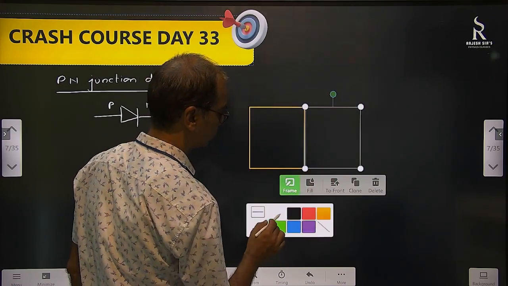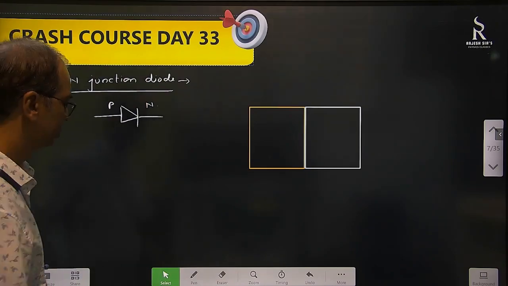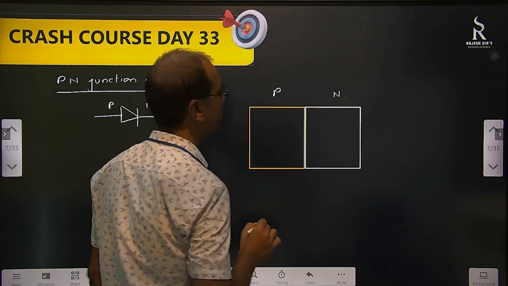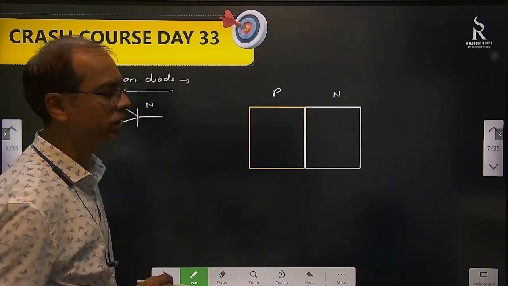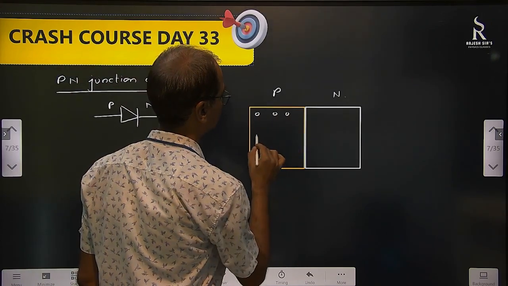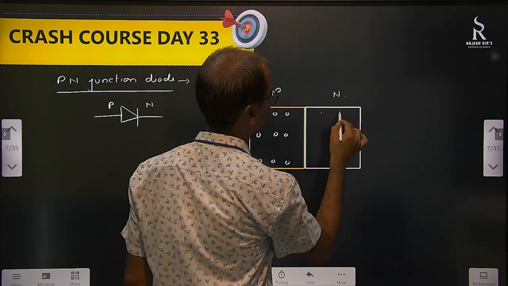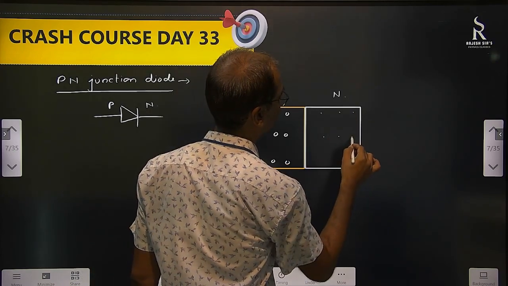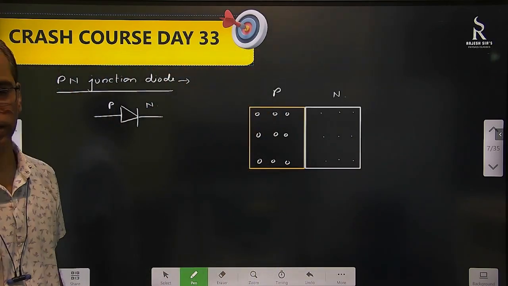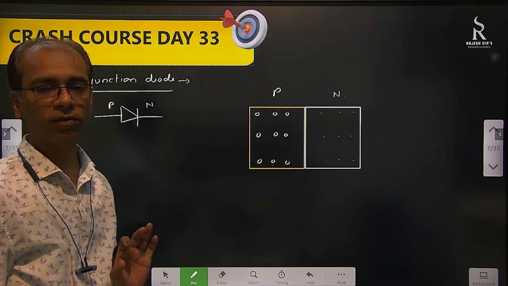Now P-type semiconductors will have more holes, and here there will be more electrons. These holes are in the valence band. These electrons are in the conduction band. So here the concentration of electrons is higher, and here the concentration of holes is higher.